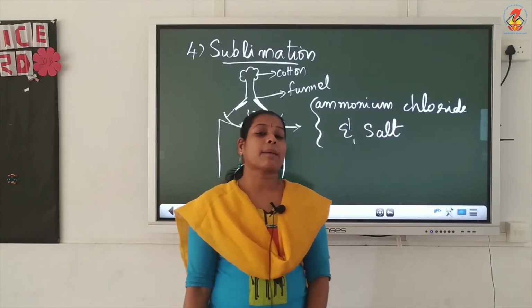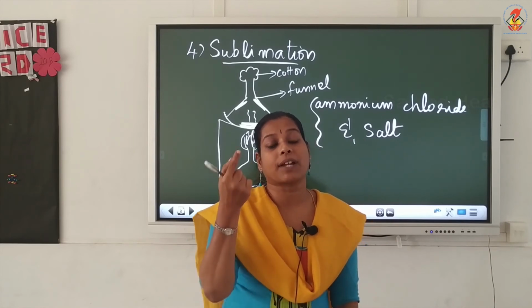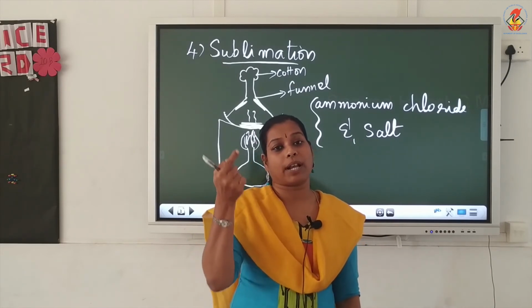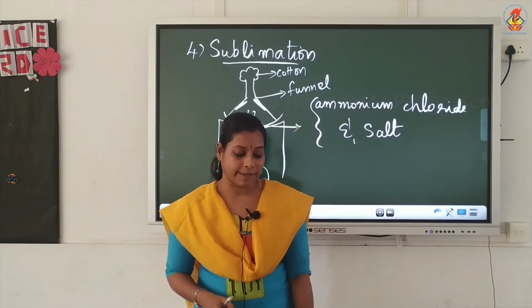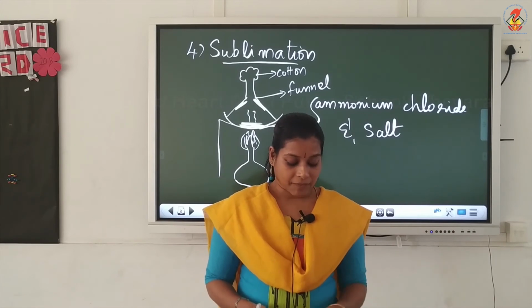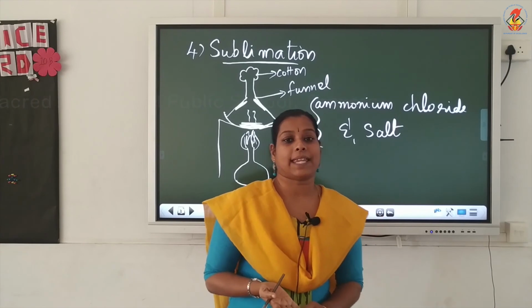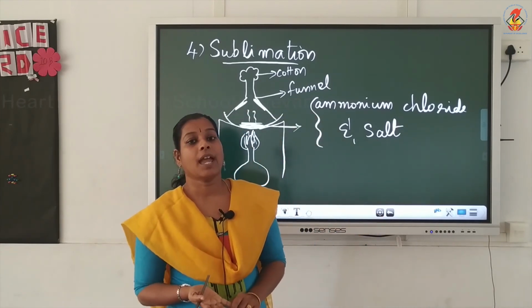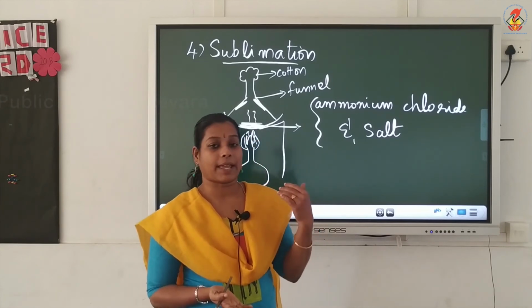We can adopt this method only if one of the mixture components has the sublimable property. There are different sublimable materials, for example camphor, naphthalene, anthracene. All these are sublimable.